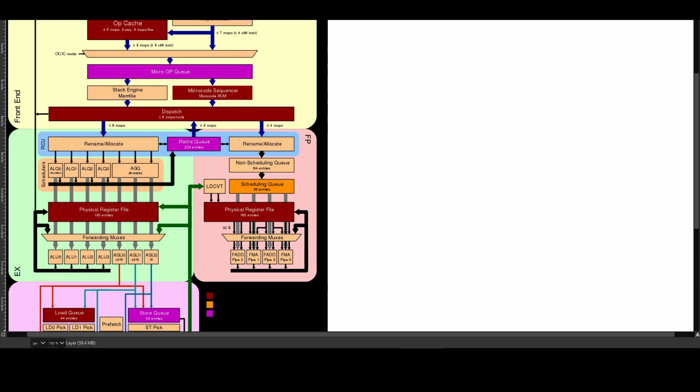But when we have 2 threads, then we can start filling up the backend much more, fill up the execution units, use them every cycle, and now our performance goes up. And because Zen2 has a wider backend, it means that we can get more performance out of 2 threads than otherwise. But the flip side of that is that when you're only running 1 thread per core, Zen2 basically has wasted execution units that are just going to be sitting idle.